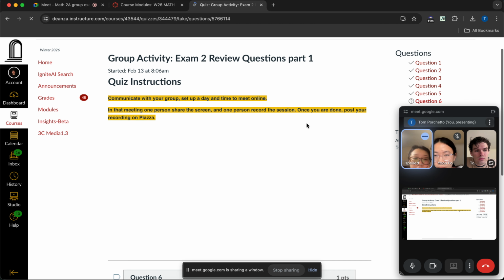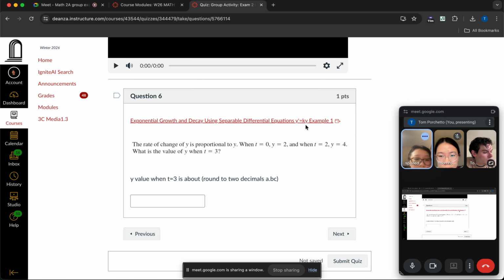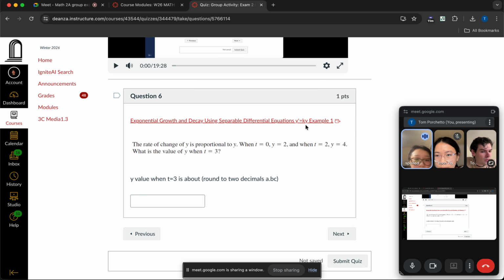Question 6. The rate of change of y is proportional to y. It is basically the same question as the previous one, and it's asking what the y value is when t is equal to 3. We already know what k is from the last question, so we just plug it in.